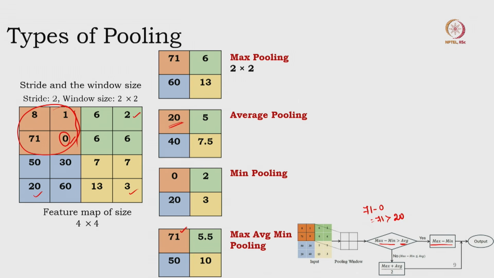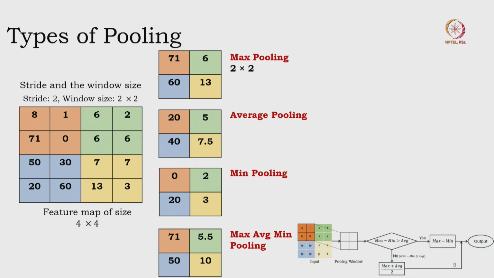Suppose this condition does not satisfy, that is, if max minus minimum is less than or equal to the average, then the value you are going to consider is max plus average divided by 2. So this is max average minimum pooling. This is one more pooling which you can look into when you are doing an implementation.